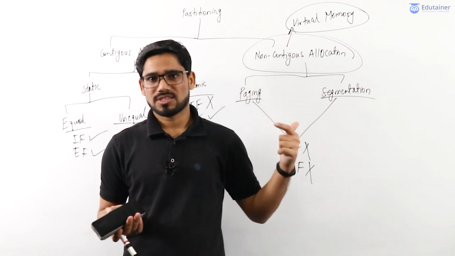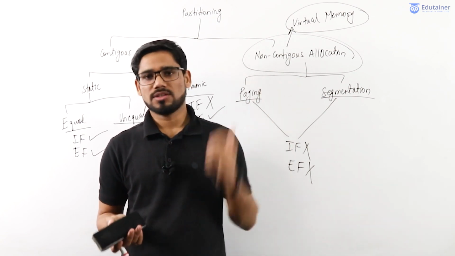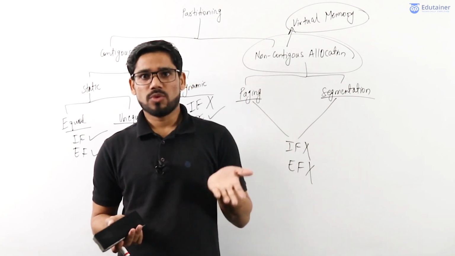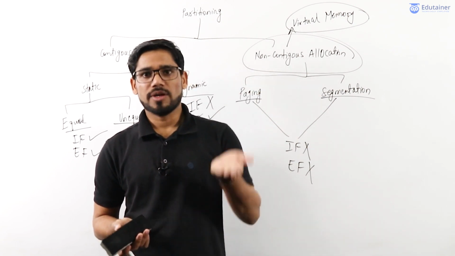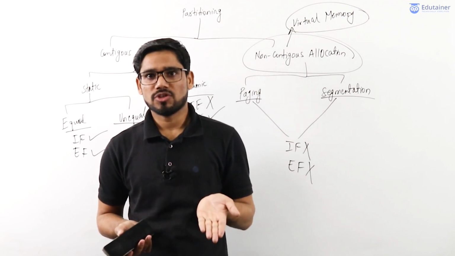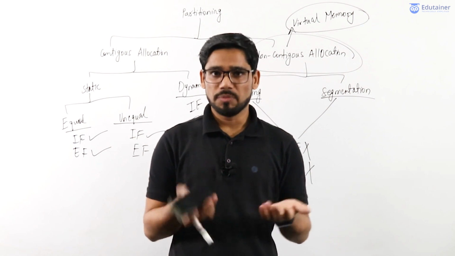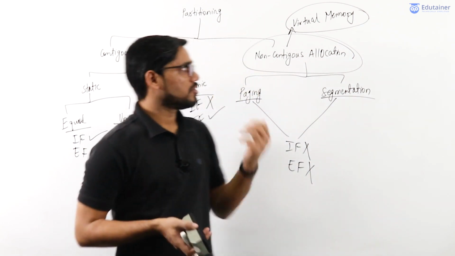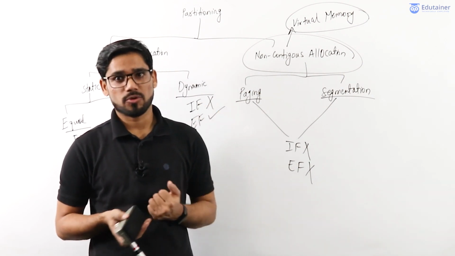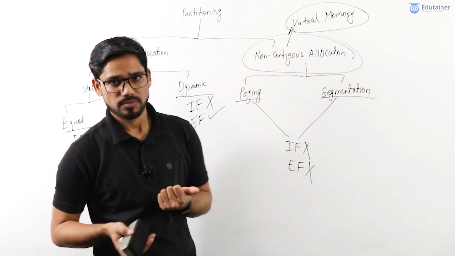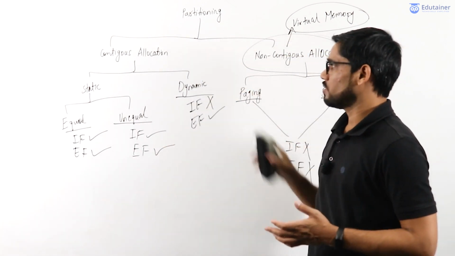You can divide the processes into pages and load the different pages of different processes in the memory and run them. That way the degree of multiprogramming is increasing, and if the degree of multiprogramming is increasing, the efficiency of the computer, or you can say the efficiency of the CPU, is increasing. So the virtual memory concept is a very good concept to increase the degree of multiprogramming as well as the efficiency of the CPU. So that's all about the memory management concept.